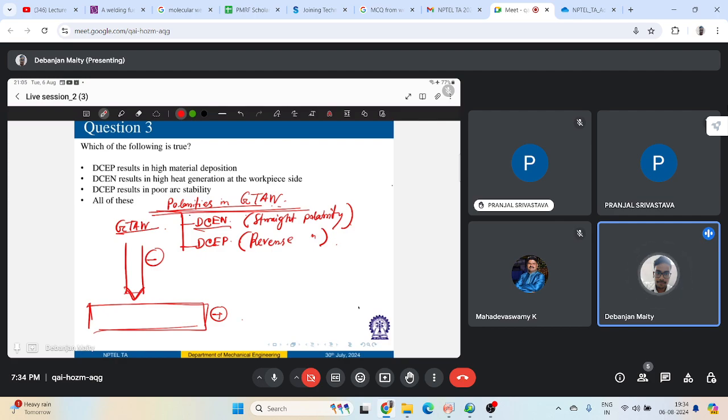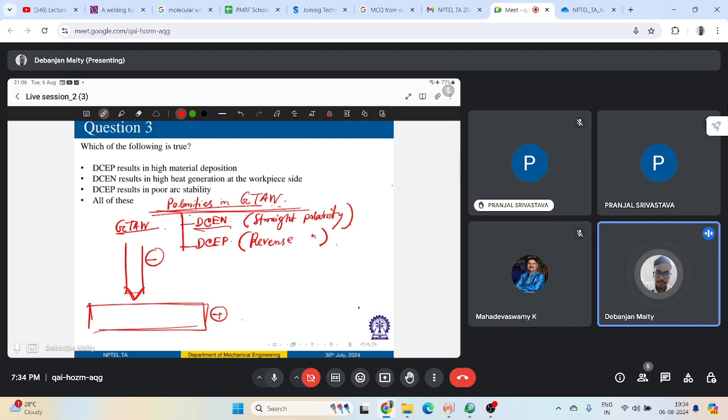Whenever the electron enters the workpiece, an amount of energy equivalent to the work function is released, and that will be generated into heat, right?